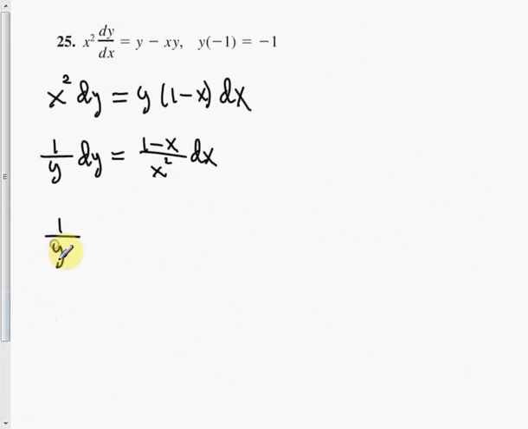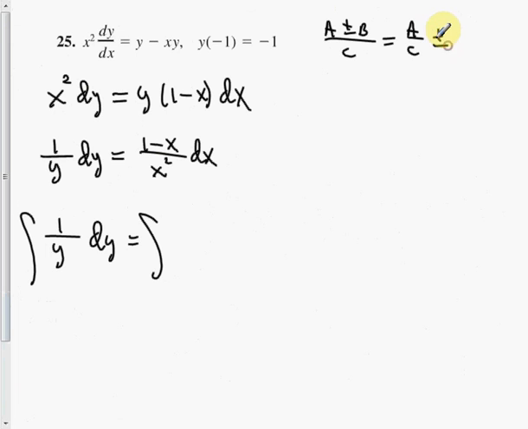Well, this is 1 over y. We're going to integrate that dy is equal to the integral. Now, you can always break down if you have (a plus or minus b) over c. That's the same thing as a over c plus or minus b over c. So we can break this down as 1 over x squared, then minus 1 over x dx.